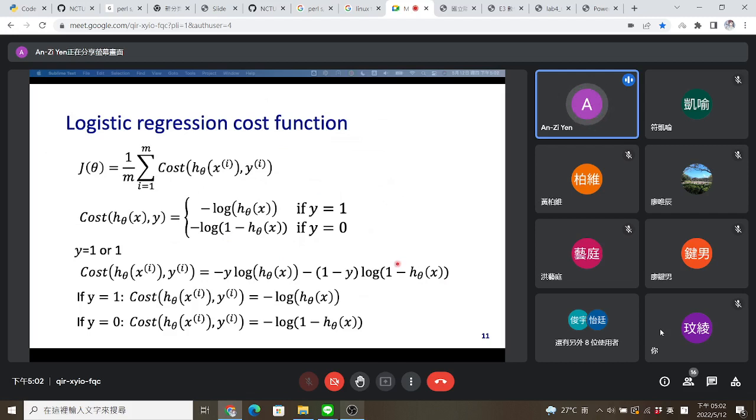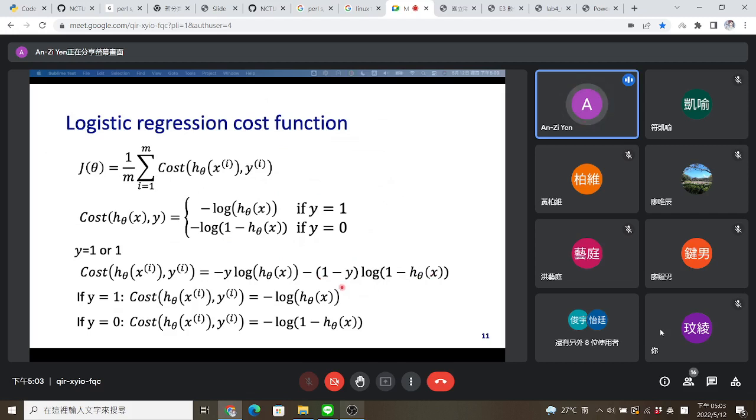Here we can say that if y equals 1, then the second term has the value 1 minus 1, so it equals 0.